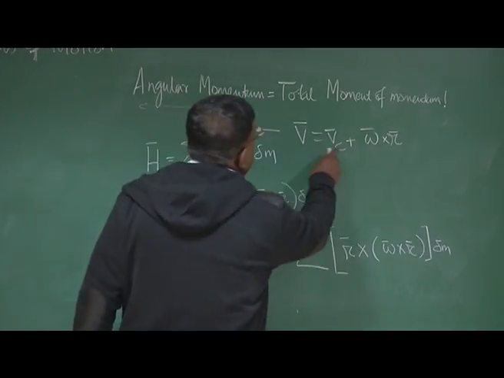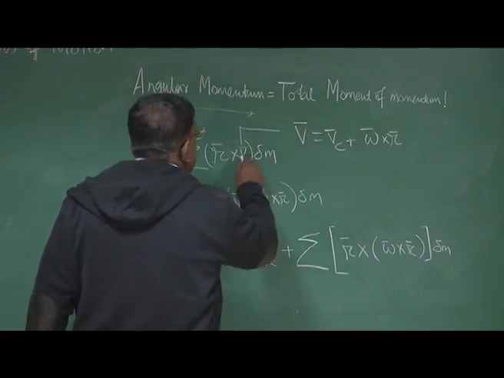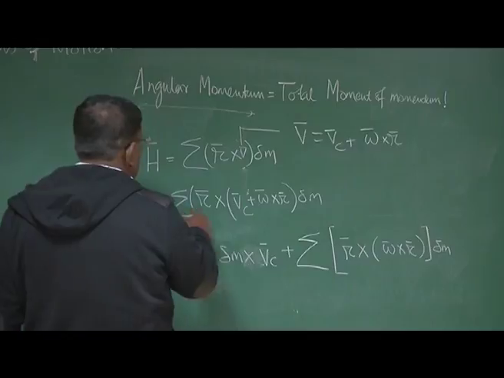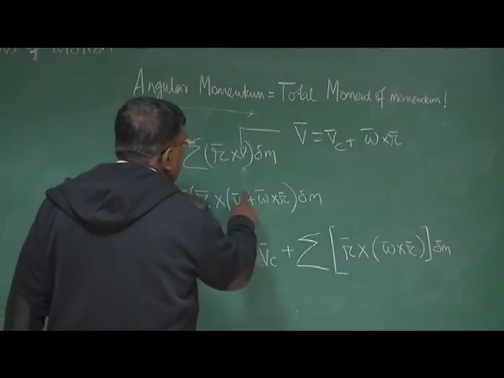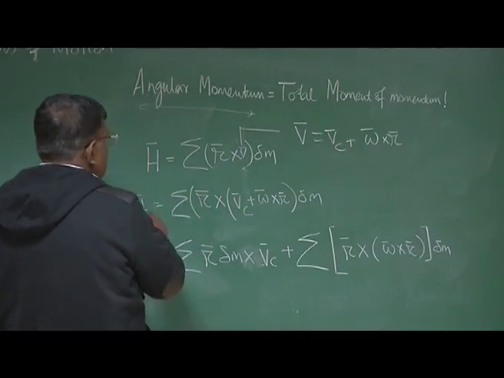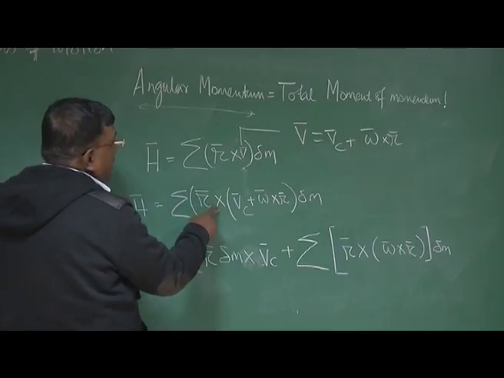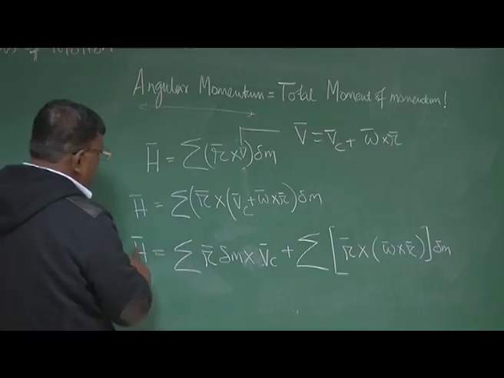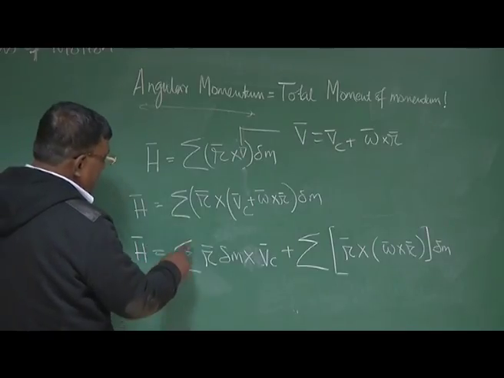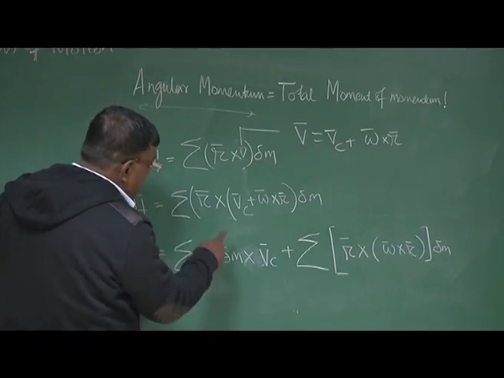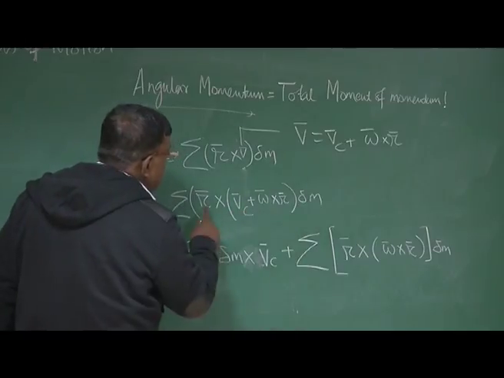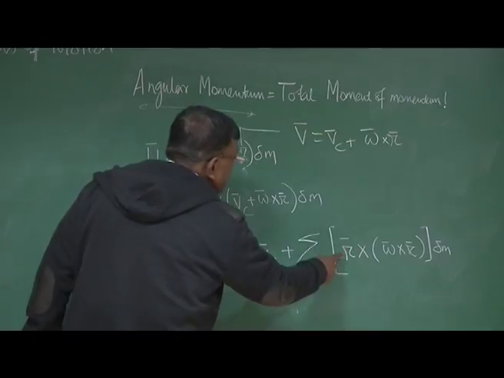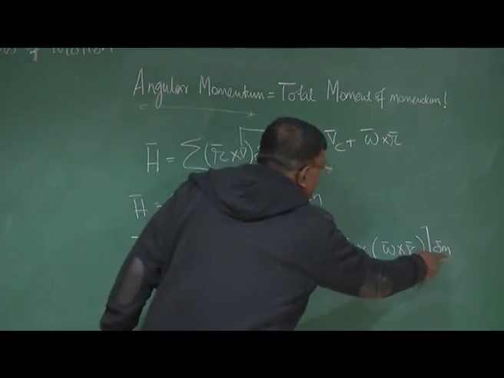And v is Vc plus omega cross r, so that is substituted here. I have the h expression as summation of r cross (Vc plus omega cross r) delta m. Modifying it, it will be summation of r delta m cross Vc as the first term, plus summation of r cross (omega cross r) delta m.